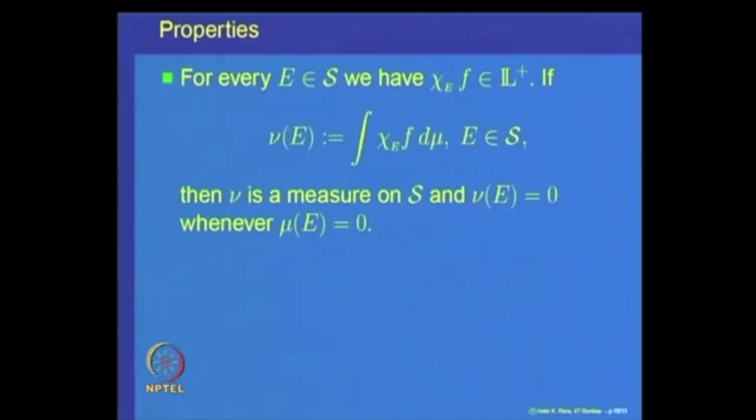So let us prove this property also, and again we are going to use the fact that the integral of a non-negative measurable function is given as a limit of the integrals of an increasing sequence of non-negative simple measurable functions.